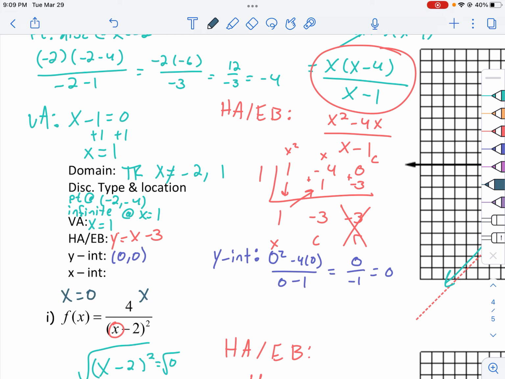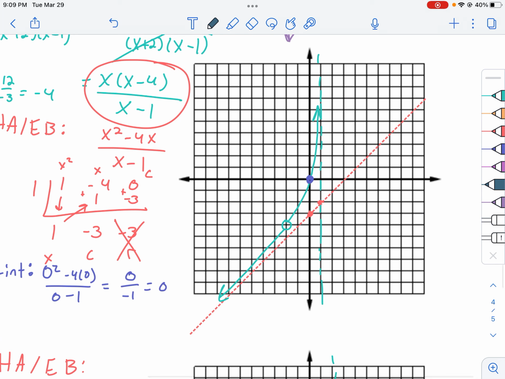The top factors are x and x minus 4. So the x-intercepts are (0, 0) and (4, 0). So at 4, we have another point, and that means we're below that end behavior line, and then we're going to go through the x-intercept right there, and we're going to follow the end behavior up. And there's that graph.